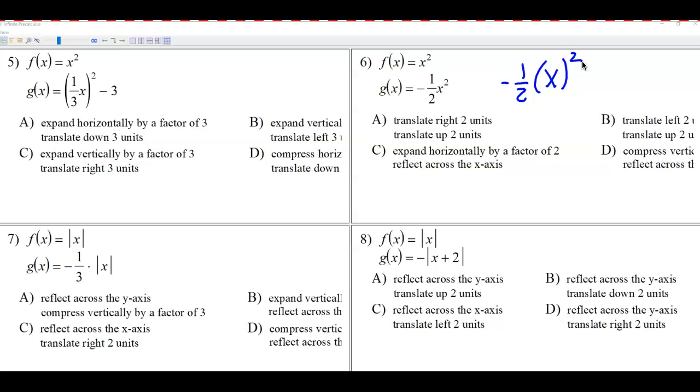That's a negative reflection. The fraction causes it to do something else. But the negative is what causes the reflection. This is for number 6. Reflection causes it.